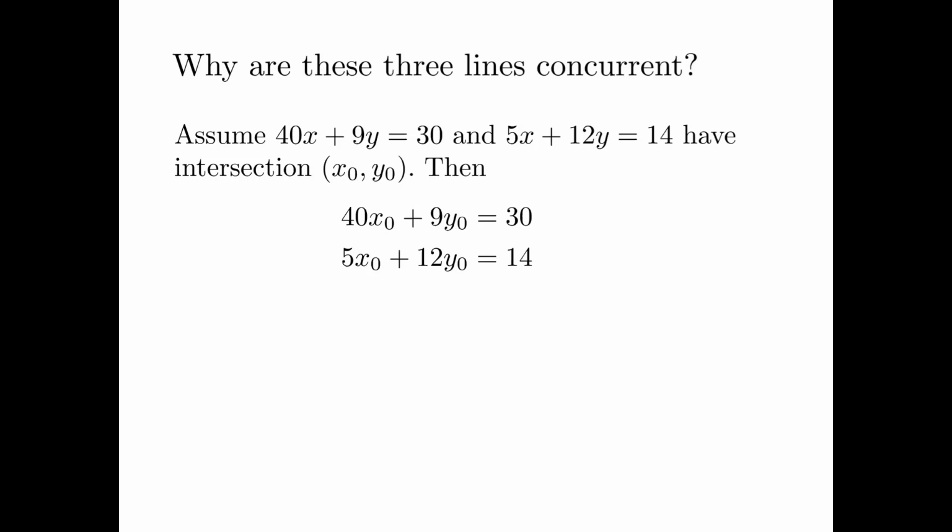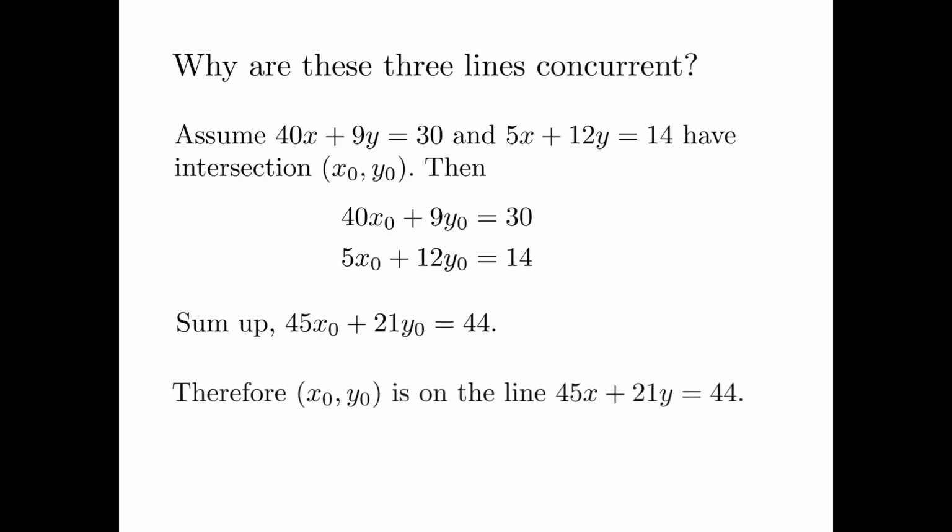We actually don't need to know their exact values. Summing up, we get 45 x0 plus 21 y0 equals 44. Therefore, x0, y0 is on the line 45x plus 21y equals 44. Therefore, all three lines pass x0, y0.